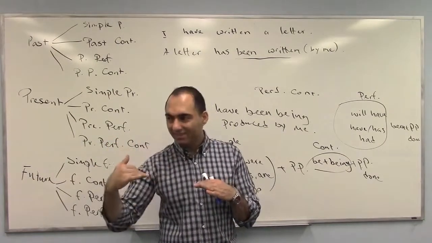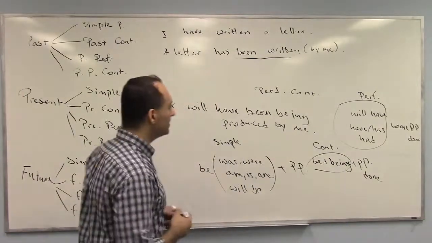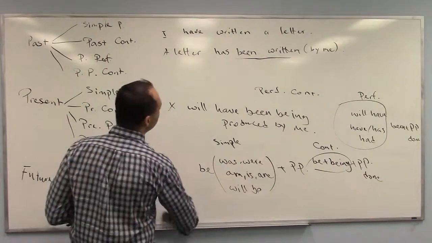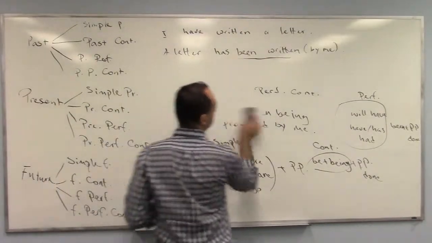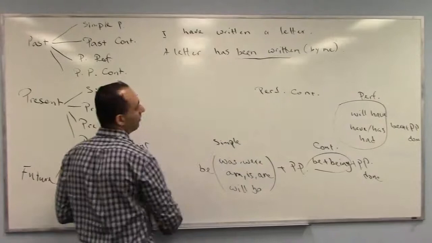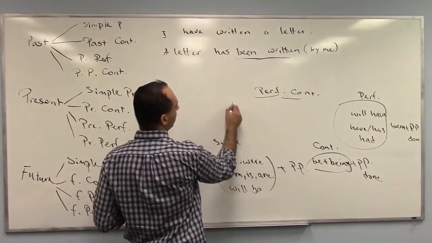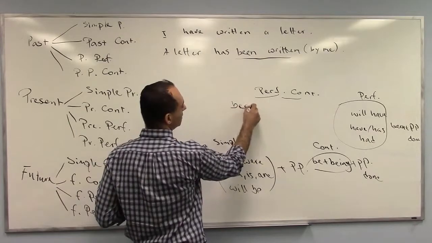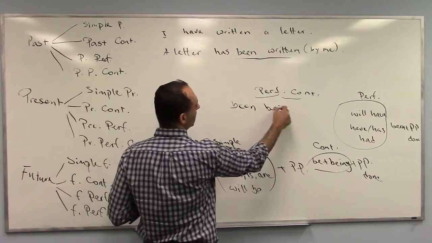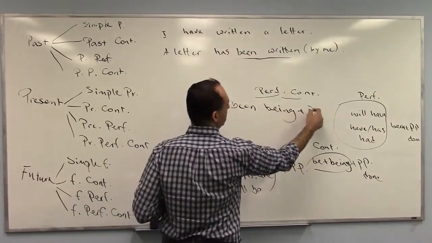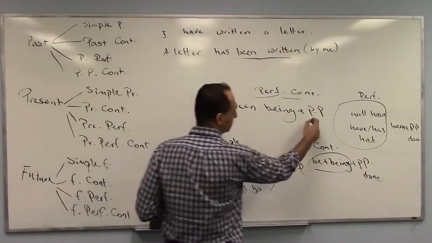Has been being. So basically, you need been being. Remember, because it's perfect and continuous. For perfect, you need been. For continuous, you need being. For passive, you need PP, past participle. Done.